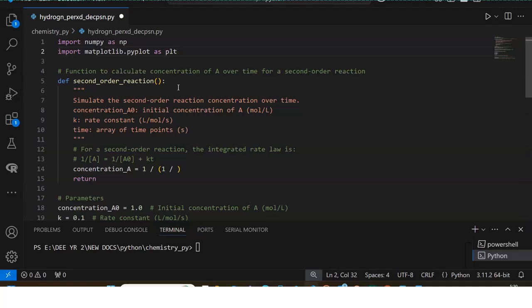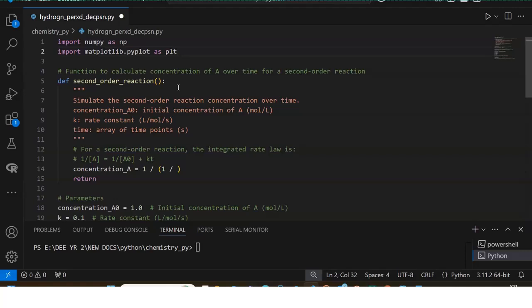So now we are going to be defining the model that we are going to use. The model, remember, is a function for second order, and this function has 3 inputs.